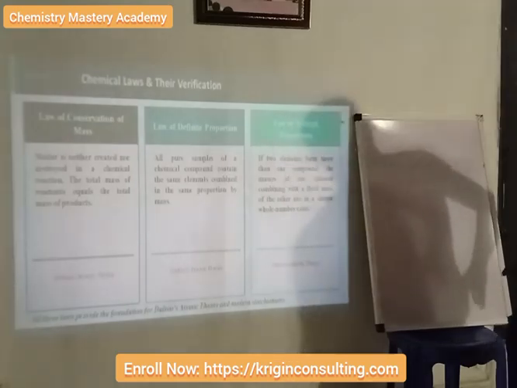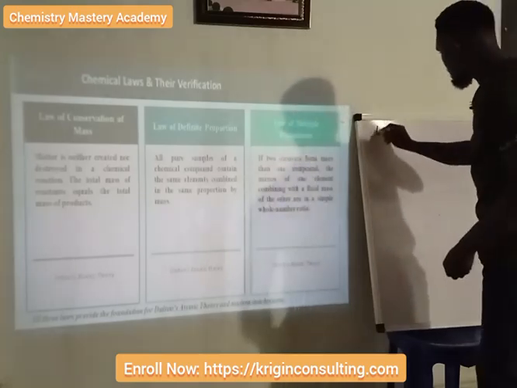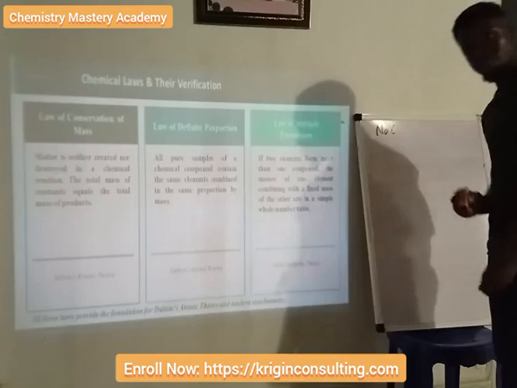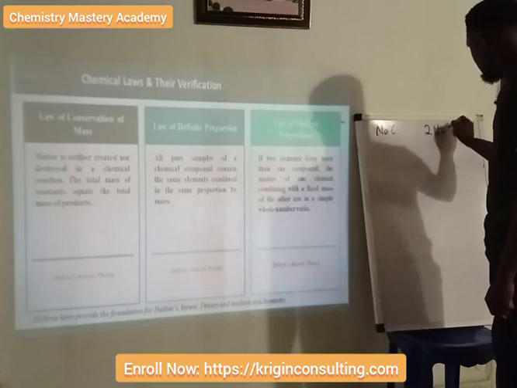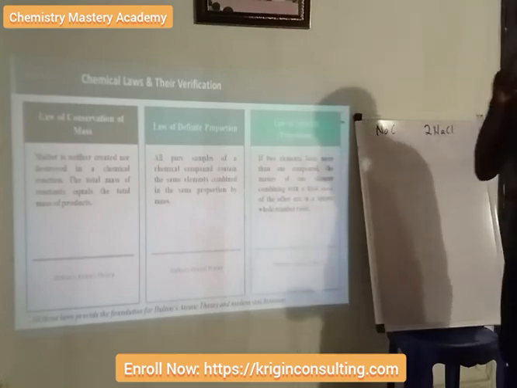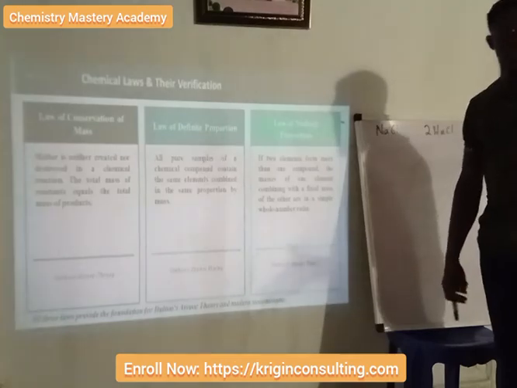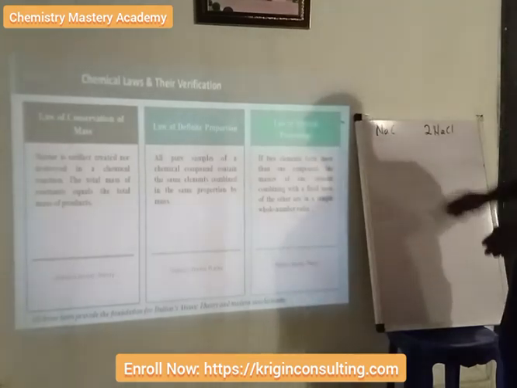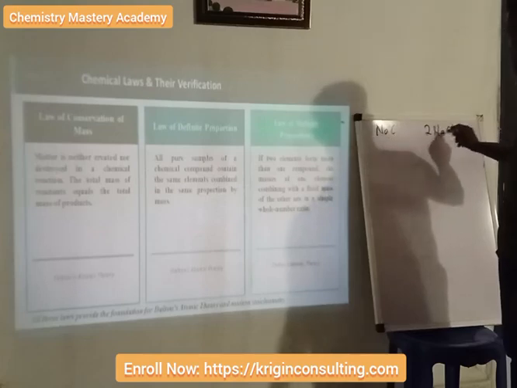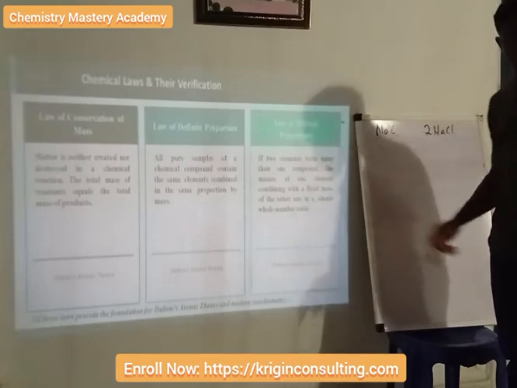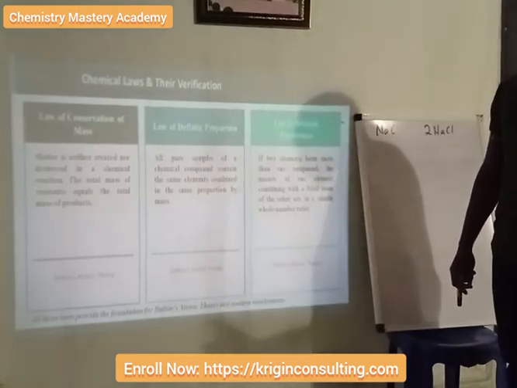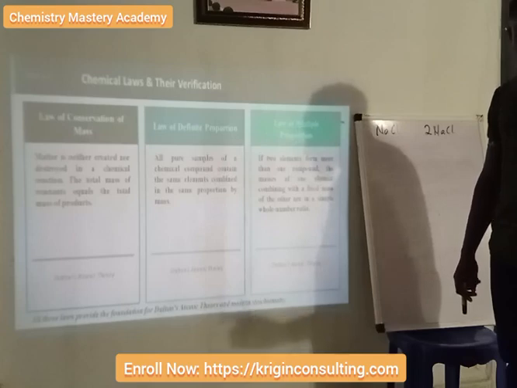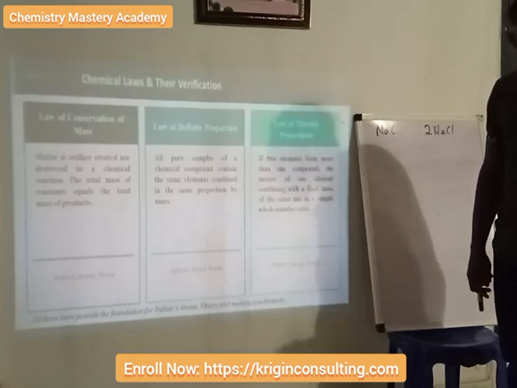So you have NaCl and then you have 2NaCl. If two elements form more than one compound, sodium and chlorine, two compounds are formed. They say the masses of one element combining with a fixed mass of the other are in a simple whole number ratio.